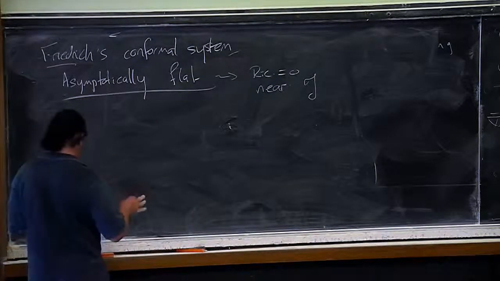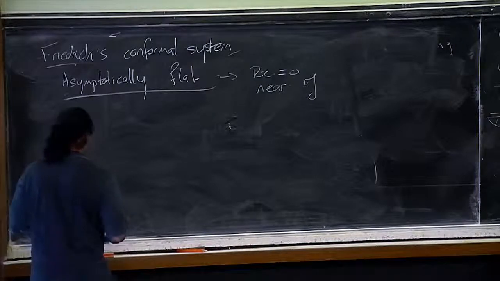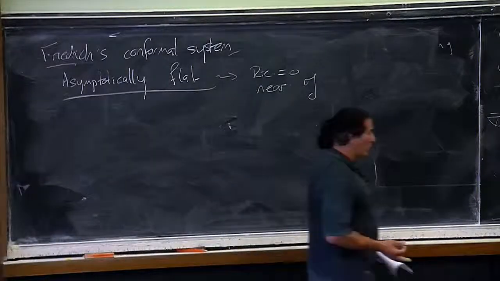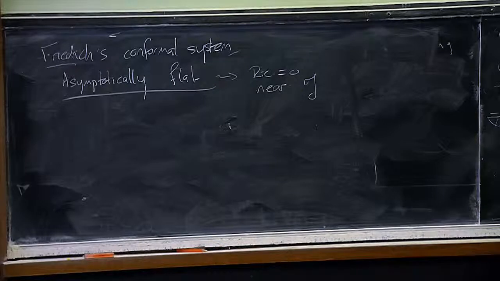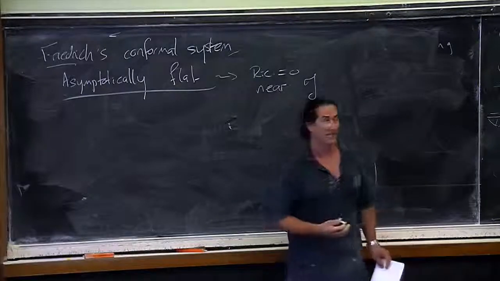Okay, so from our point of view, what we want to do is see that the system that Friedrich comes up with is really, in fact, almost the same as the tractor connections.